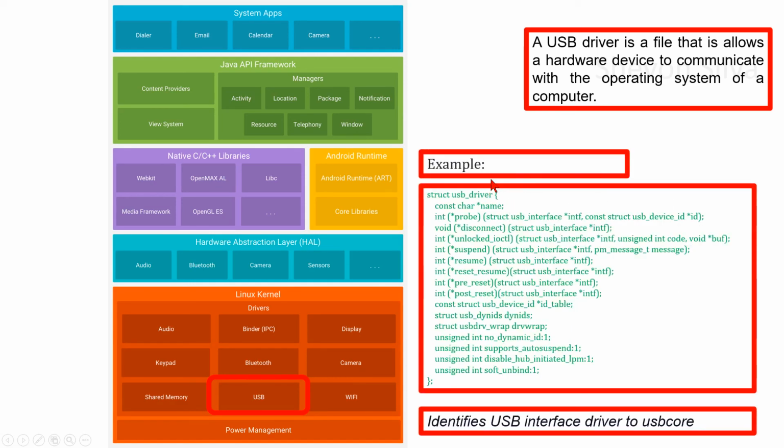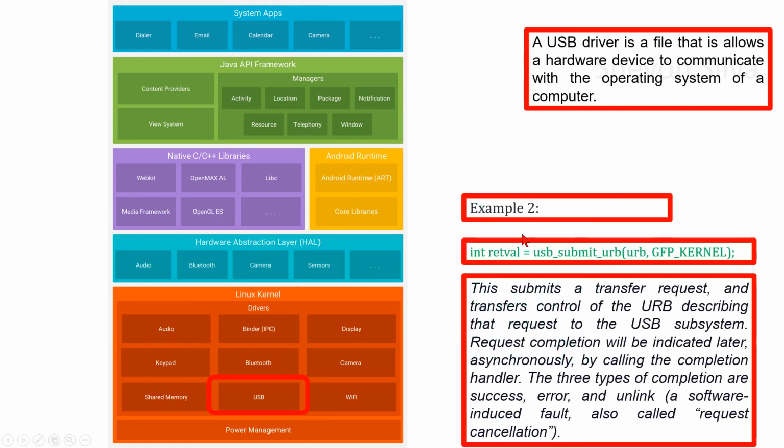As an example, we can consider struct usb_driver. This identifies a USB interface driver to USB core. As another example, we can consider the usb_submit_urb function. This submits a transfer request and transfers control of the URB, describing that request, to the USB subsystem.